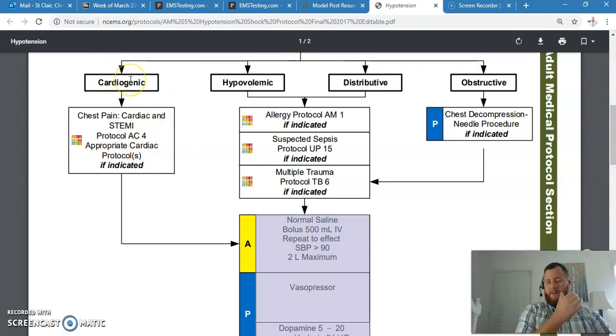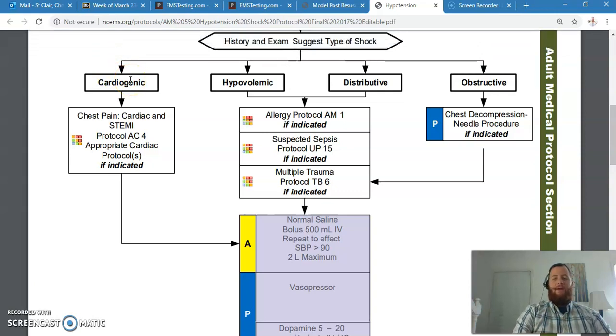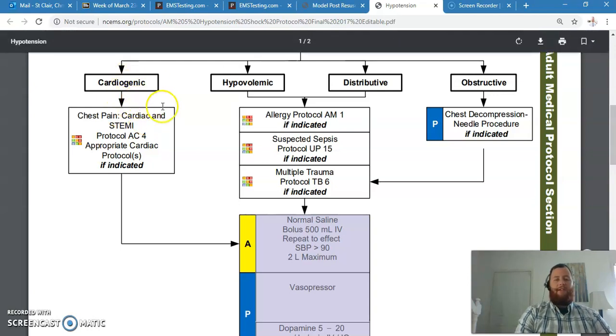So cardiogenic, this is a primary heart issue. For instance, maybe the patient had a big heart attack and now they have lost the ability of their ventricle to pump very adequately. So this is a cardiogenic shock. Maybe the patient had nausea, vomiting, diarrhea for several days before they arrested. That may be a cause of their arrest. That may be something we want to treat, hypovolemic, low volume. Distributive, maybe they were in sepsis.